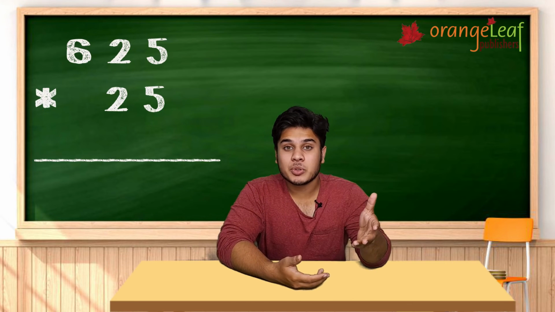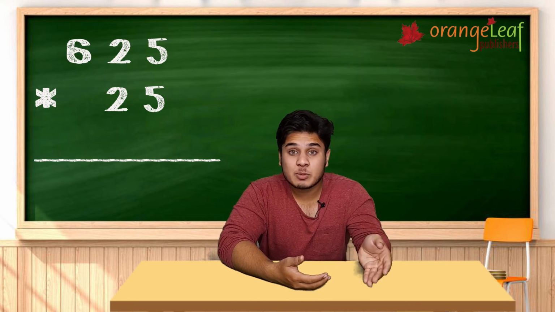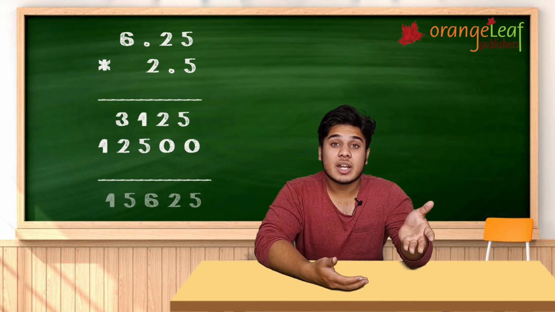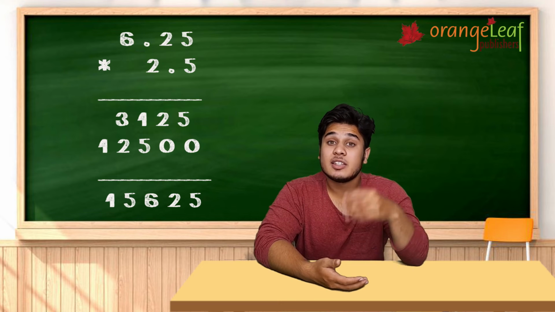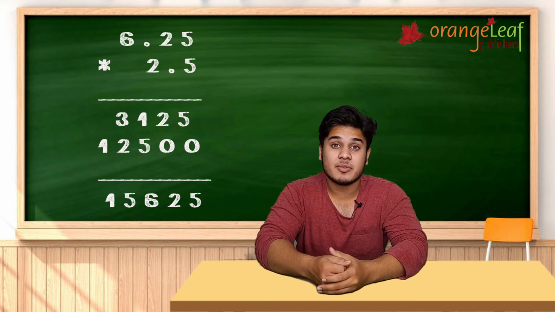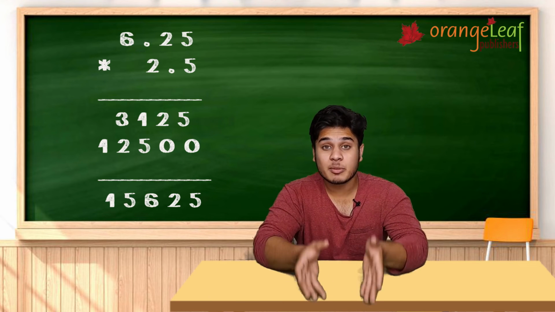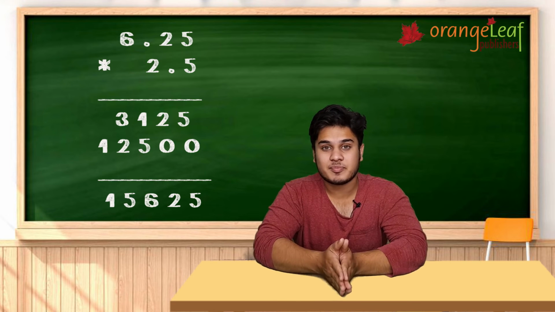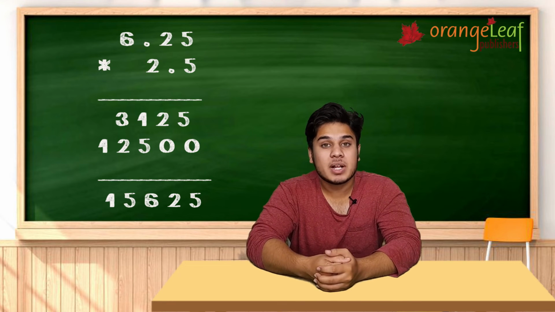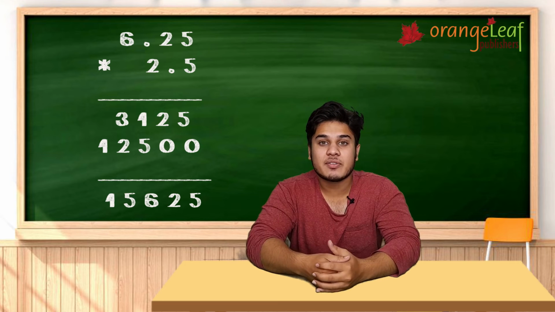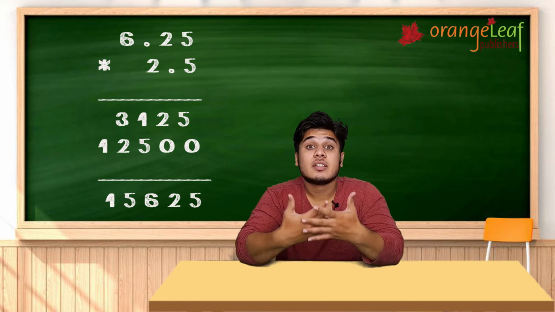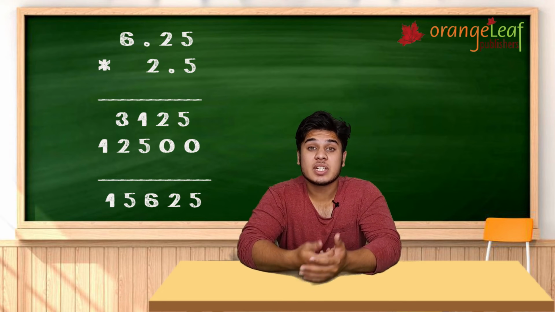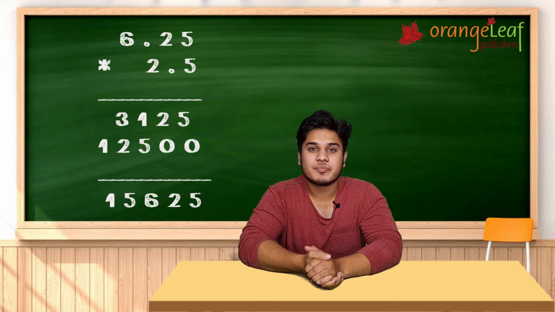So, we multiply both the numbers by ignoring the decimal point completely for now. We now have to count the total number of decimal places in the multiplicand and the multiplier. We see that the total number of decimal places is 3. So, when we multiply the numbers 6.25 and 2.5 as 625 into 25, the product is 15,625.